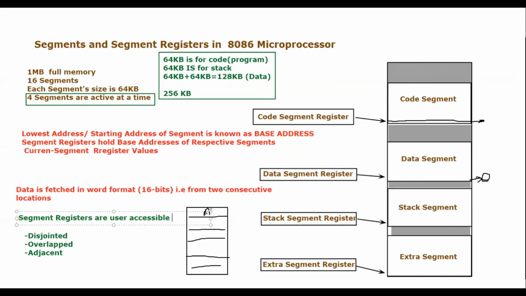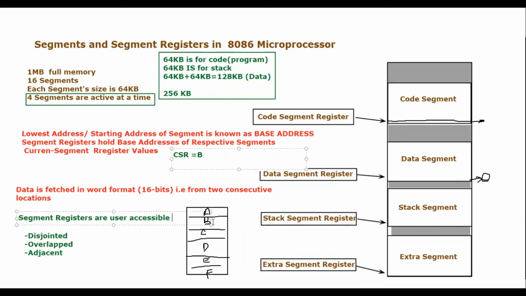If it is A, B, C, D, E, and there could be any number of segments, I'm just taking a few examples, A to F. These letters indicate the segment base addresses of the respective segments. So if one says that CSR, the code segment register, is equal to B, that means segment B has been chosen as the code segment.